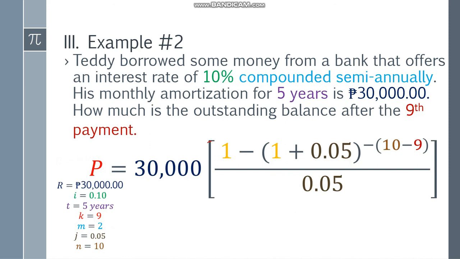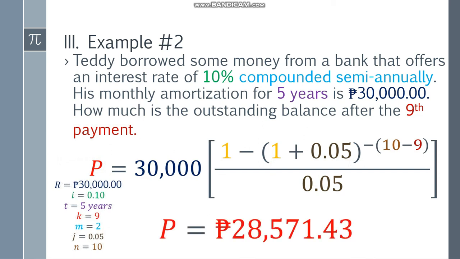So the final answer for this one is 28,571.43 pesos. So the question, how much is the outstanding balance after the ninth payment? The answer is this one.